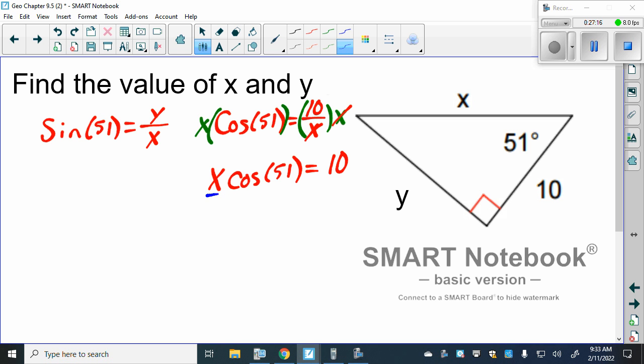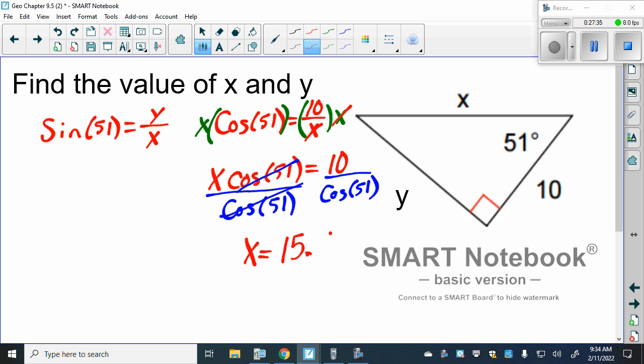So we need to divide both sides by cosine of 51 degrees, which these would cancel, telling us x is equal to... Otherwise we're not able to really write the full decimal because it's not a nice number for most of them. There are a few that do work out nicely, but for the most part they don't.